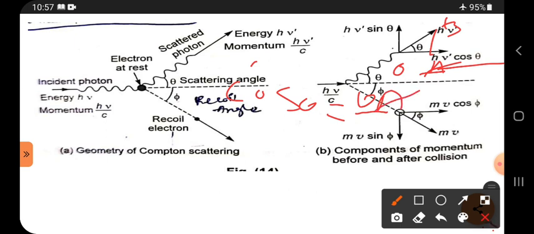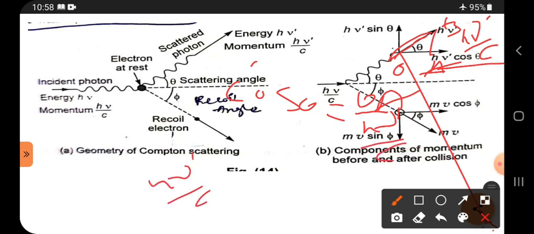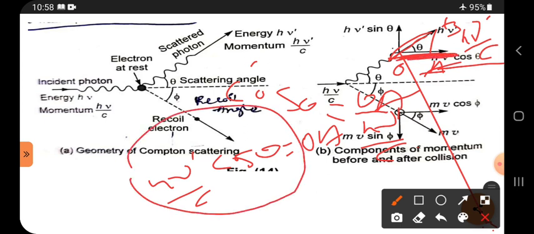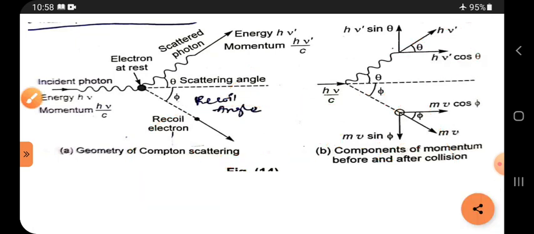Hypotenuse is h nu dash by c. Bring h nu dash by c to this side. h nu dash by c cos theta is equal to OA. So the OA term is along the x direction. How much is it? h nu dash by c cos theta. So like this, these two terms have come.